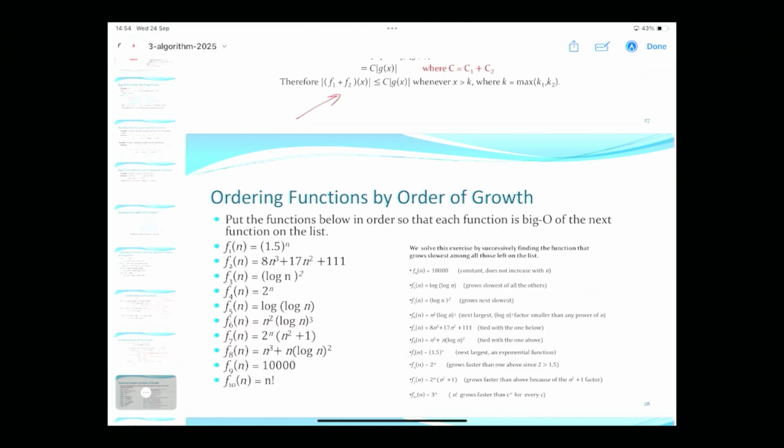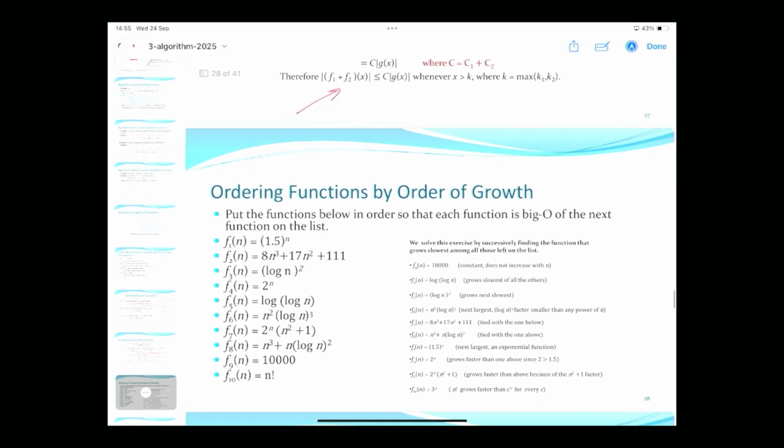When we plug in the value of n, then we can see exactly the growth of the function. That would be significantly different for some functions here. You will see that even more in the exercise problems.